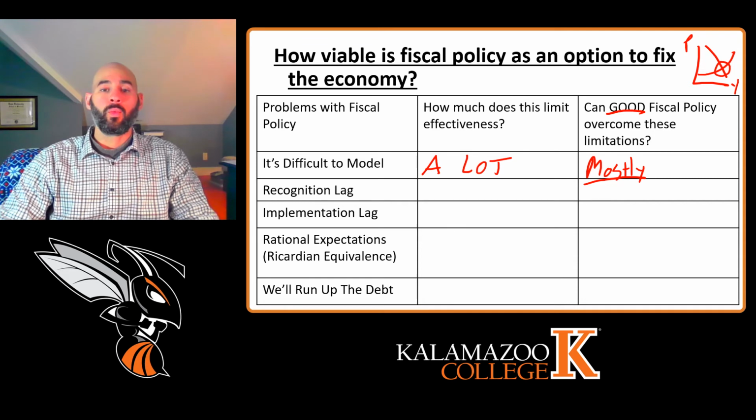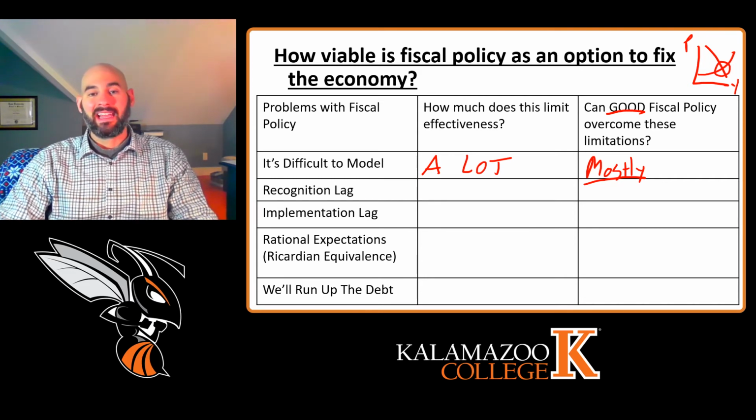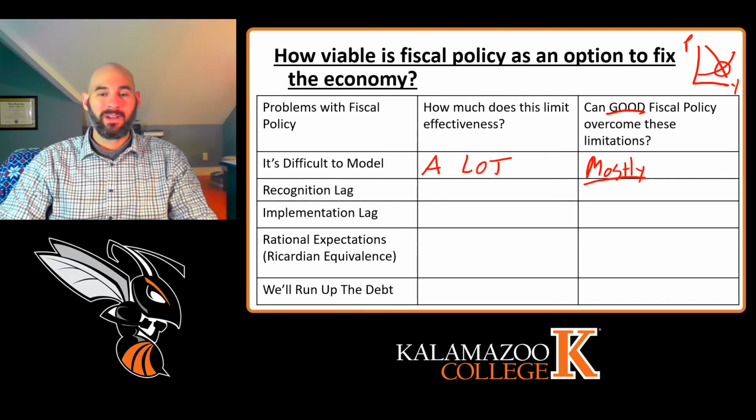So we also want to think about the recognition lag as representing a limitation to effectiveness, as well as the implementation lag. And so when we think about how much this limits effectiveness, I want to think neither of these limit effectiveness by a ton.